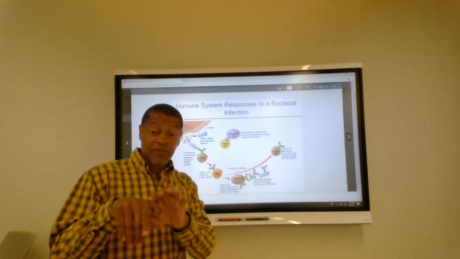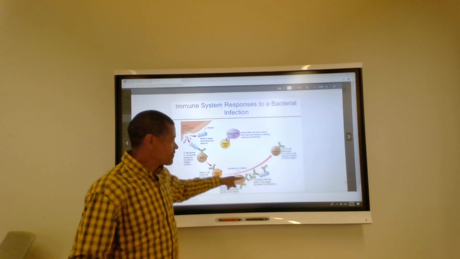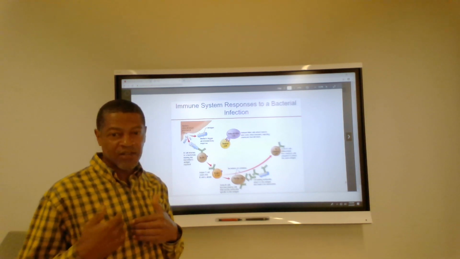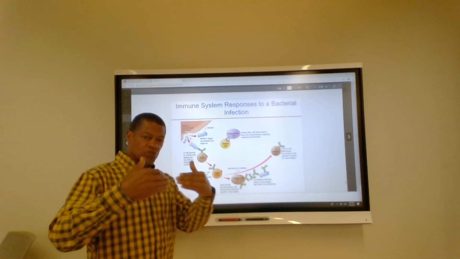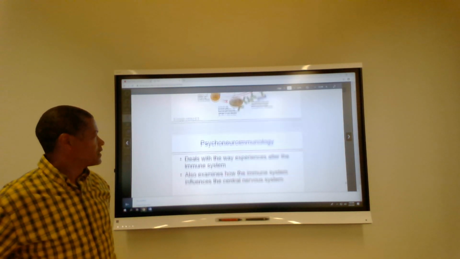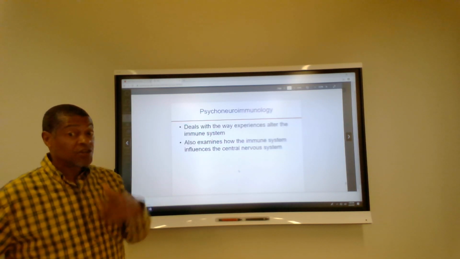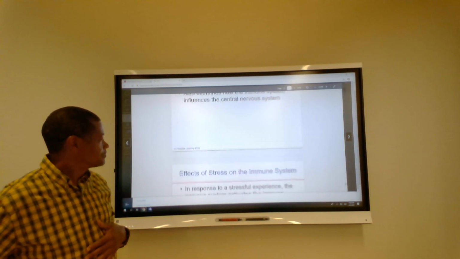Take the splinter out, but the splinter has some bacteria on it. So now your body does what it does to make sure that whatever is on there is not going to get into your body and destroy your body. So there's a whole mechanism that functions to ensure that intruders don't destroy your body. And again, psychoneuroimmunology, as we just talked about, you can make yourself sick. Guess what? You can make yourself well.